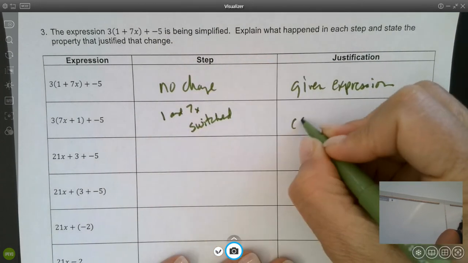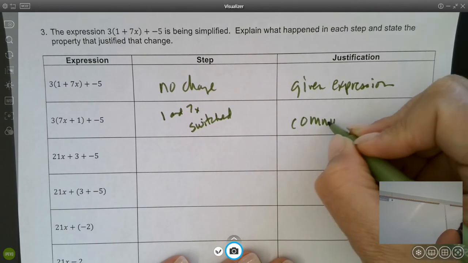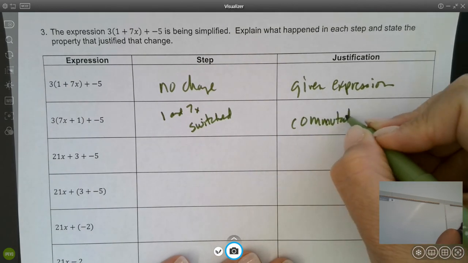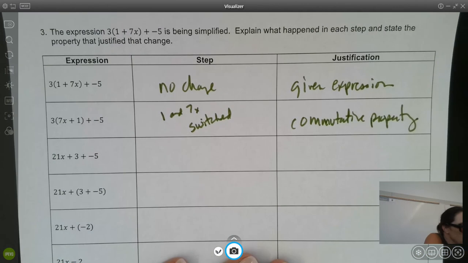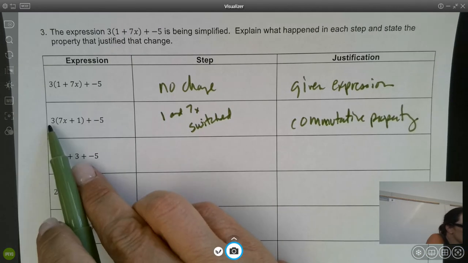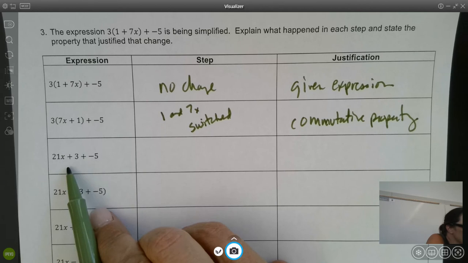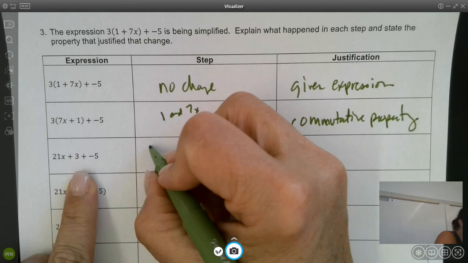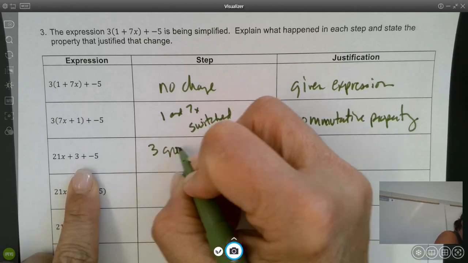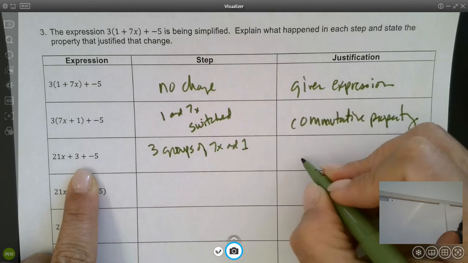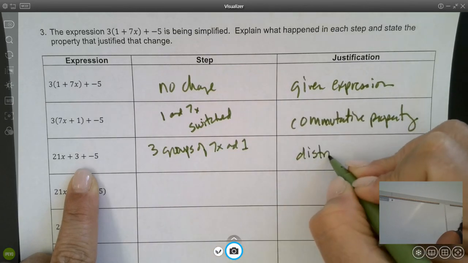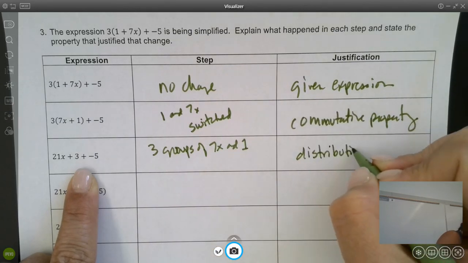That's called the commutative property. The 3 distributed into the 7x and the 1, so 3 groups of 7x and 1. That's called the distributive property.